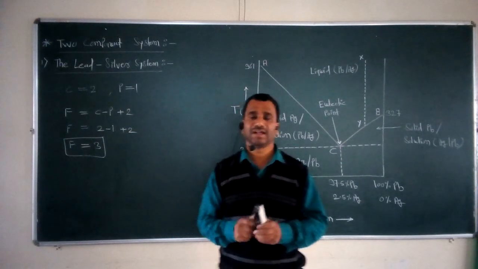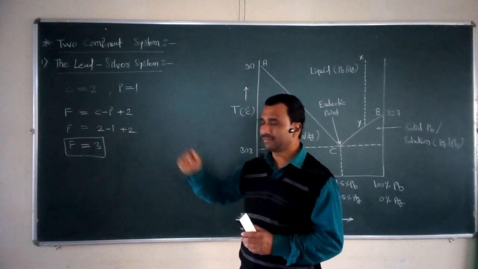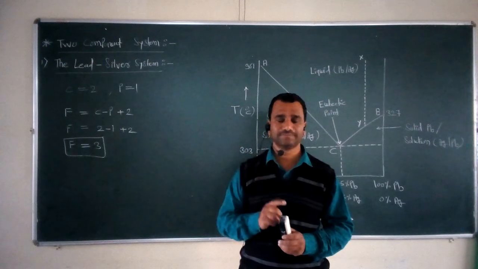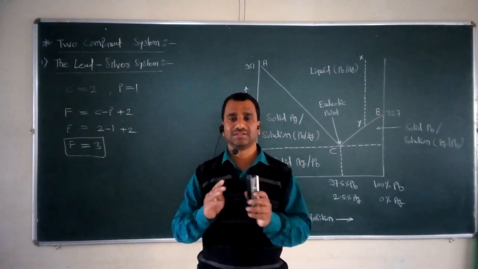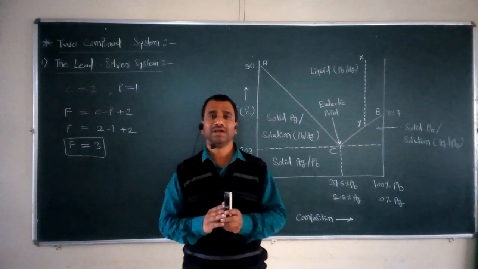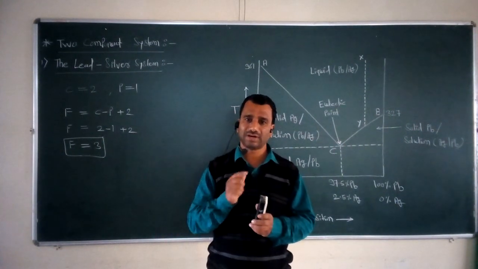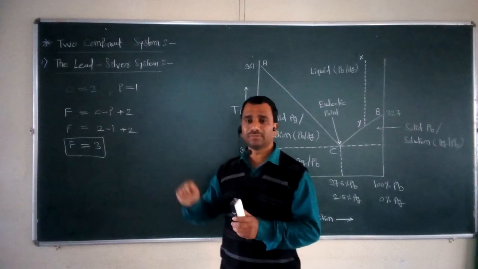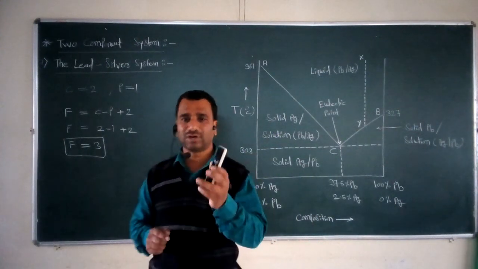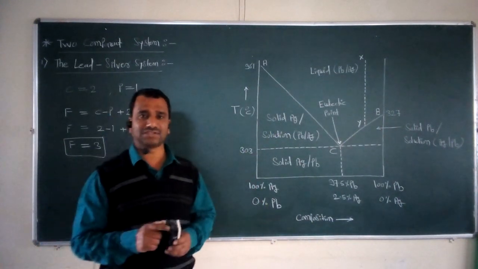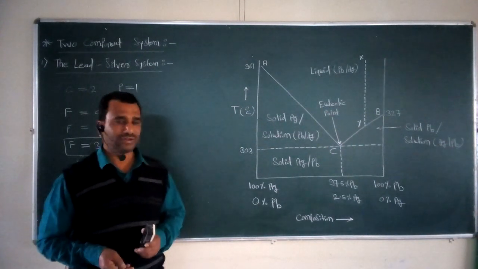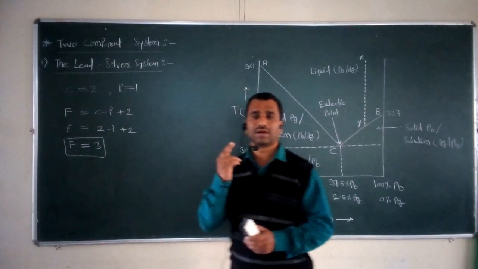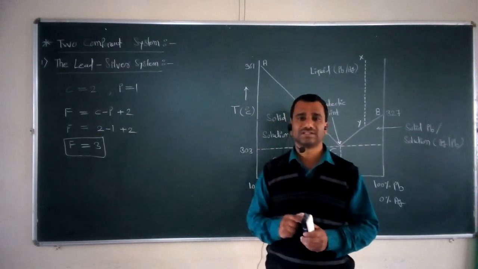Whenever we have 3 degrees of freedom, we have to use a 3 coordinate axis system in order to describe the system completely. But the use of a 3 coordinate system is somewhat tedious, and to avoid this we consider only a two coordinate system.